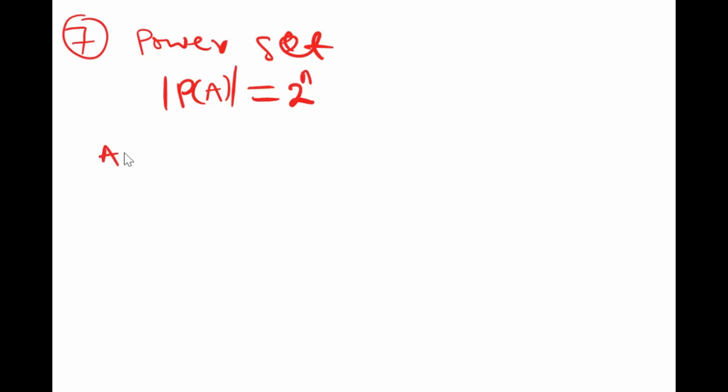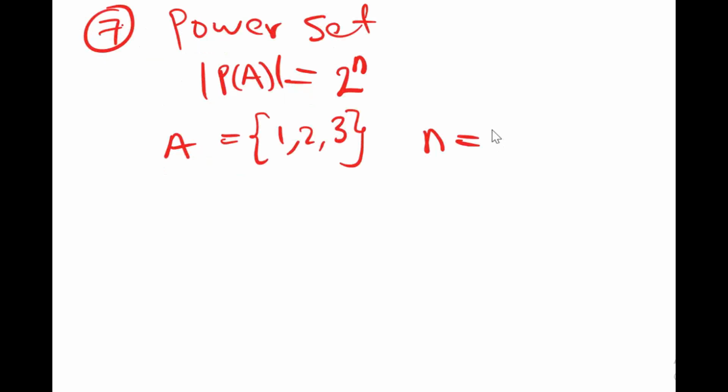For instance, if A now is equal to {1, 2, 3}, then from this set, n is equal to 3. Therefore, our power set is equal to 2 raised to power 3, and 2 raised to power 3 is 8. This means that both the subsets and the empty set must be equal to 8.